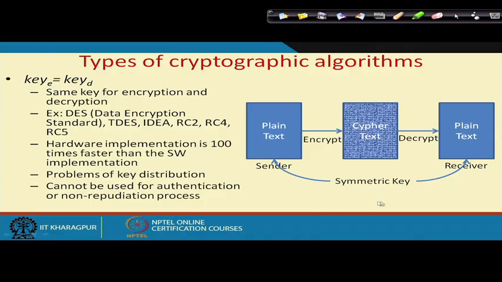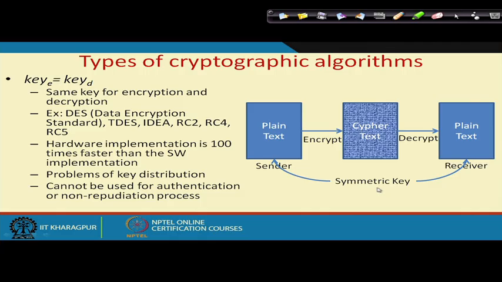Look, very simply we are saying that the symmetric key is known to both sender and receiver. Suppose you are the sender in India, and your receiver is in the USA. Unless both of you know this symmetric key, how are you going to do the encryption and decryption?